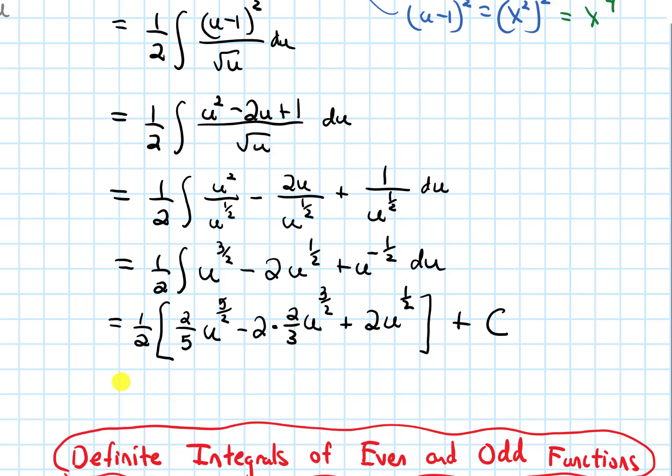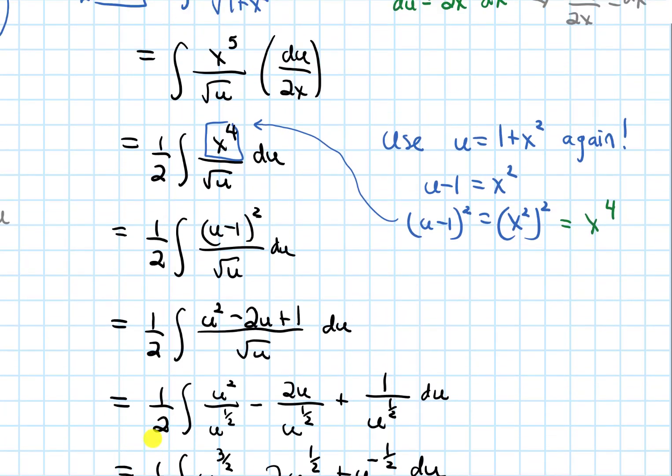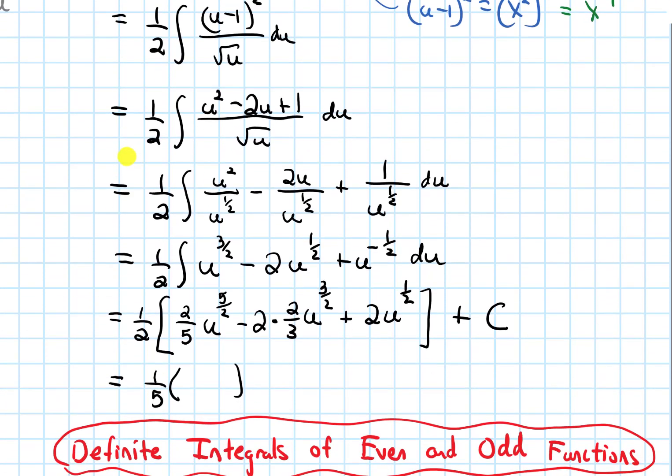Now I'm going to do two things. I'm going to distribute this 1/2 to all of these terms, and I'm going to sub back in for what u was. So 1/2 times this first term will give me 1/5. Now let's plug back in for u. What was u? It was 1 plus x squared. So we'll get 1 plus x squared to the 5/2 power.